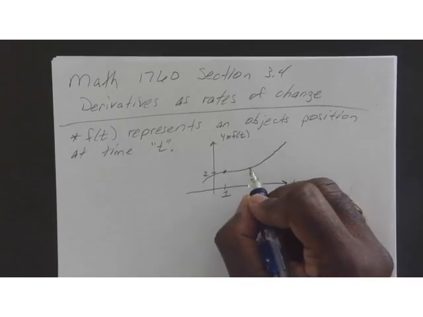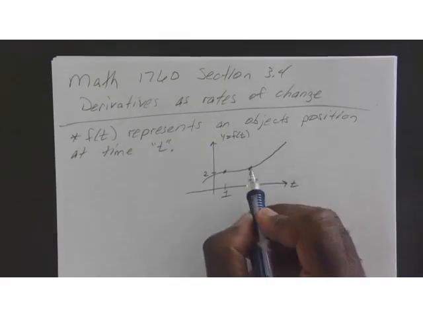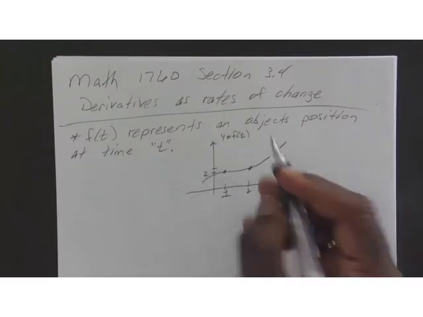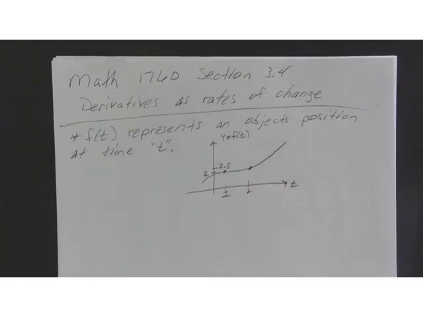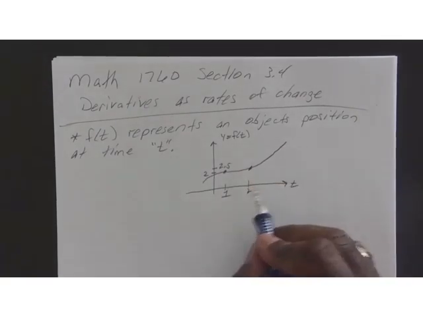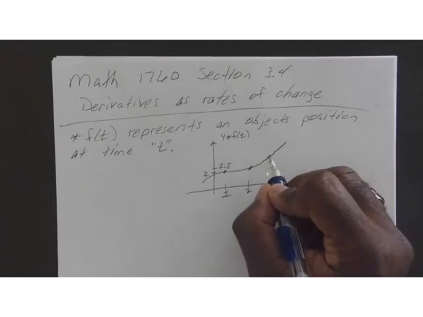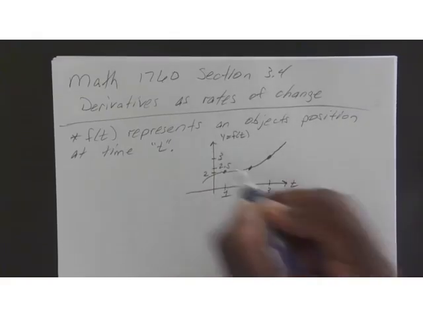When t is equal to 2, that could be equal to 2.5 or something like that, whatever the case may be. And when t is equal to 3, then f of t is equal to, let's say, 3.